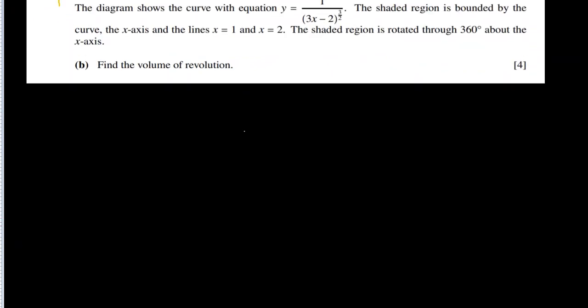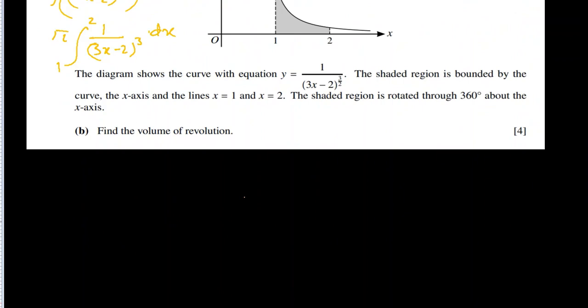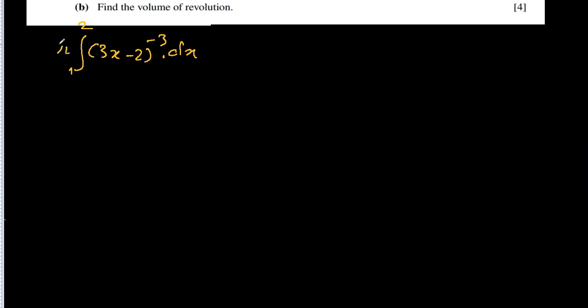So integration of this will again rearrange the look of this, and it will become (3x minus 2) to the power minus 3 dx, from 1 to 2. There's a pi in front. Now we will integrate this one, because again it is a power of a function, so it will be integrated like this.